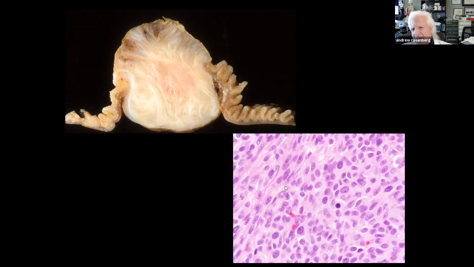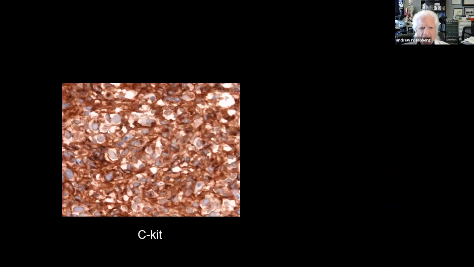By the histological features of the tumor, I generate a differential diagnosis, and I am very suspicious for gastrointestinal stromal tumor. I can further prove that suspicion by doing additional studies where I can analyze the expression of markers by the tumor cells that are specific for gastrointestinal stromal tumor.